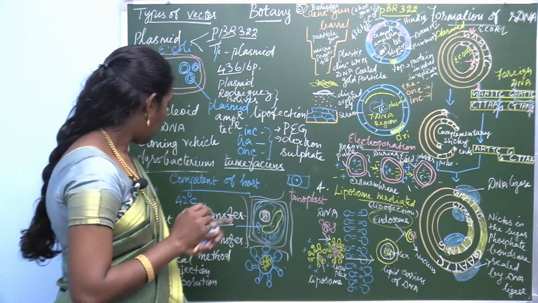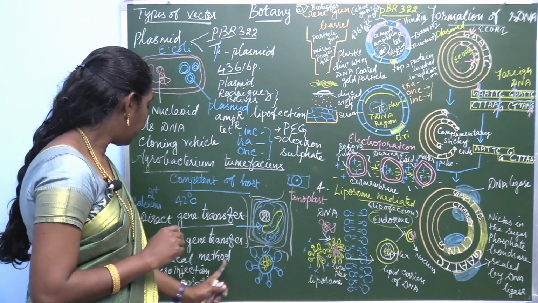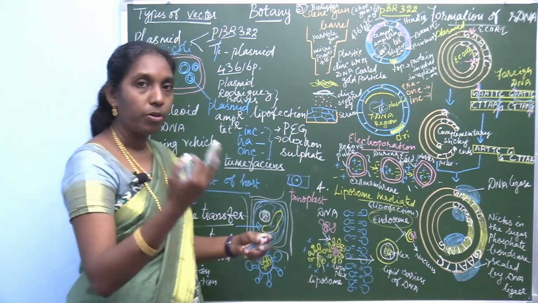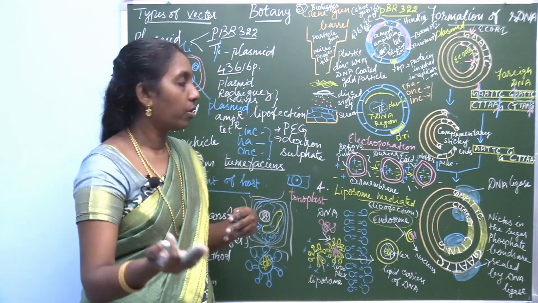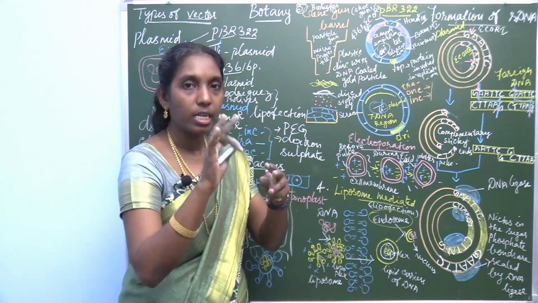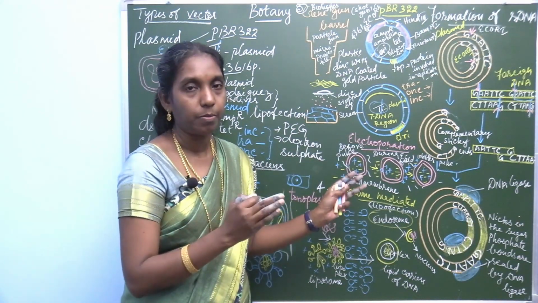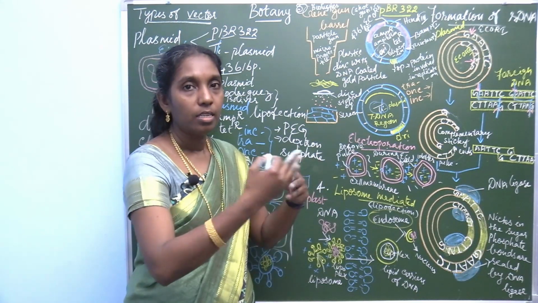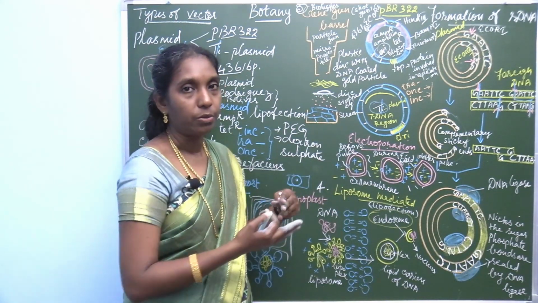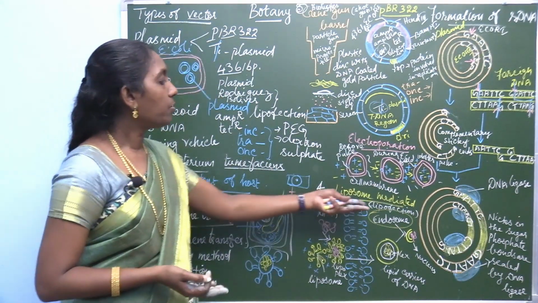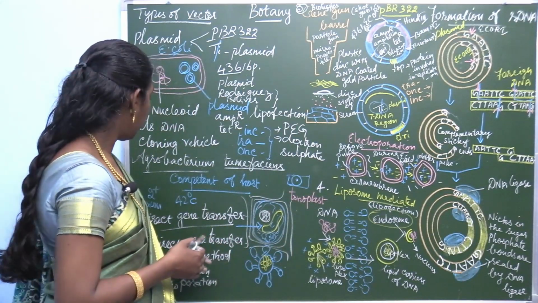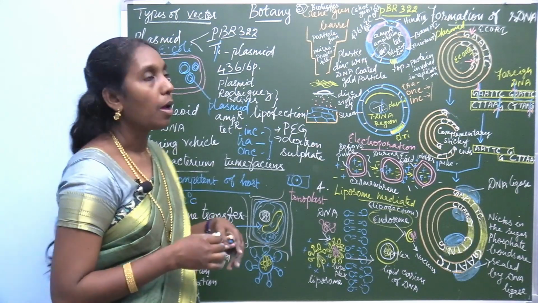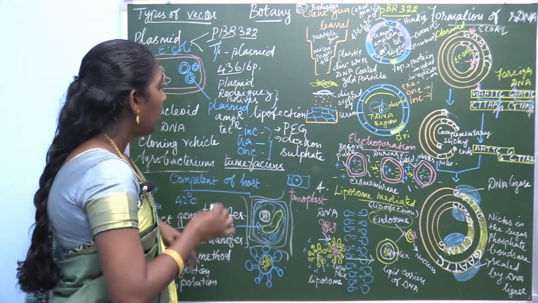So the methods are: chemical method of gene transfer, microinjection, electroporation. In electroporation, by an electric field, pores are made in the plasma membrane, and through this the DNA is allowed to pass. Then liposome mediated. Finally there is a method under direct gene transfer, that is biolistics.